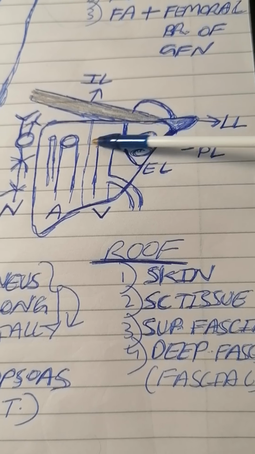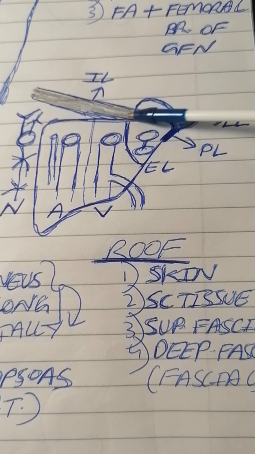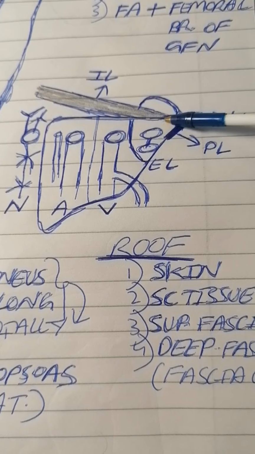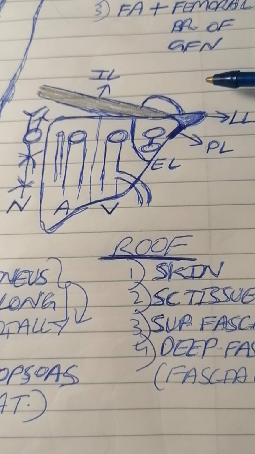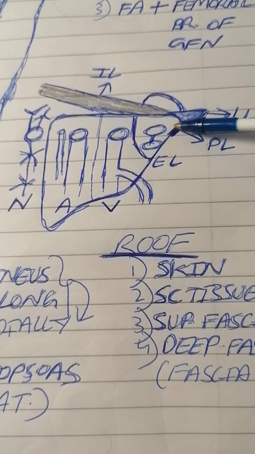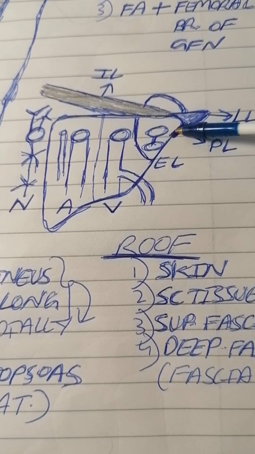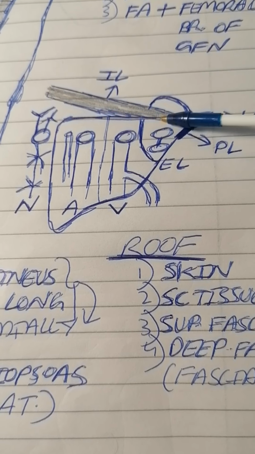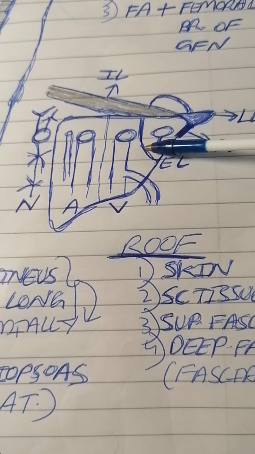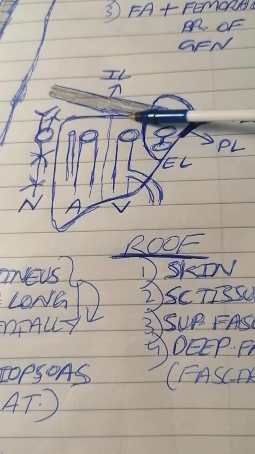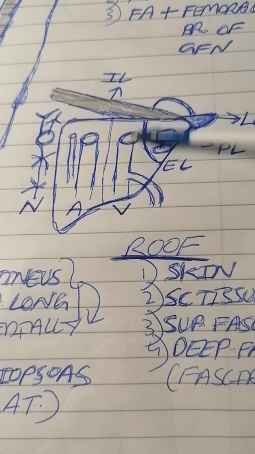So these are three ligaments. The medial boundary of your femoral ring would be the lacunar ligament, the posterior boundary would be the pectineal ligament, the anterior boundary would be the inguinal ligament, and the lateral boundary would be the femoral vein over here.